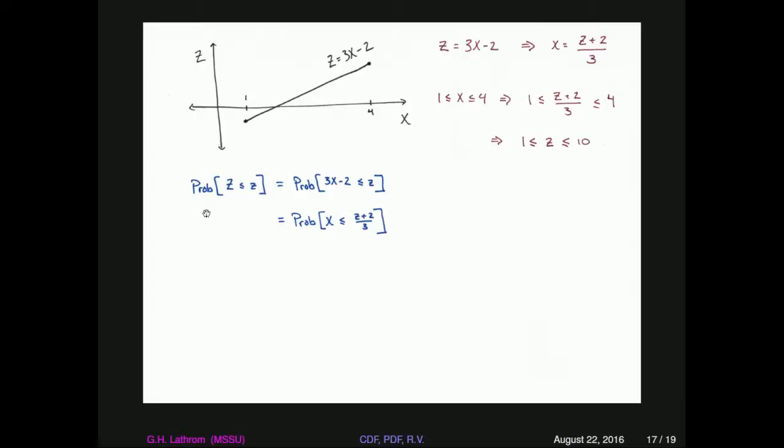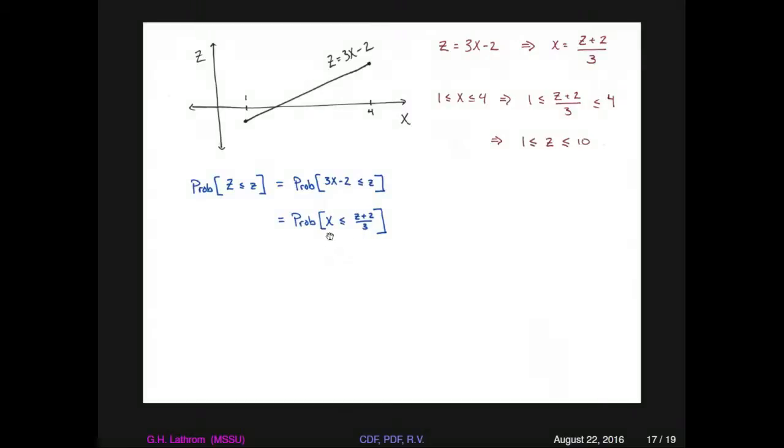If we look at the probability that capital Z is less than or equal to little z, again we're looking at the CDF of capital Z. We do the same thing. What is capital Z? It's 3x minus 2. If we apply the inverse function to both sides of that, we see that the probability is of capital X less than or equal to (z plus 2) over 3.